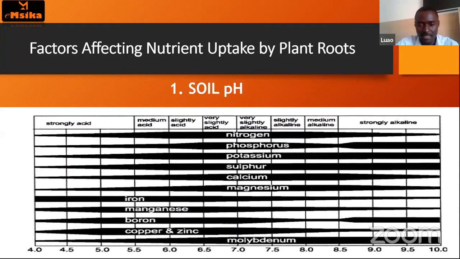So how does this affect the uptake of nutrients? I will give an example. If you do your analysis and the soil pH comes out as 5 or 4.5, you have seen the way the nutrients are arranged here.